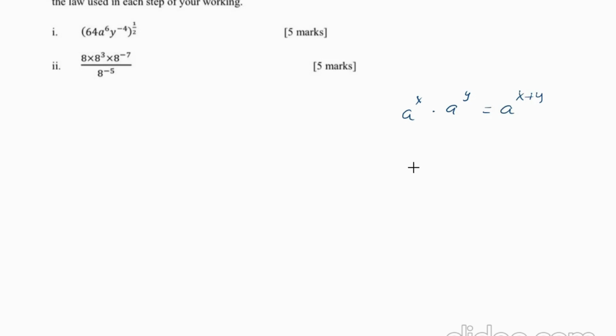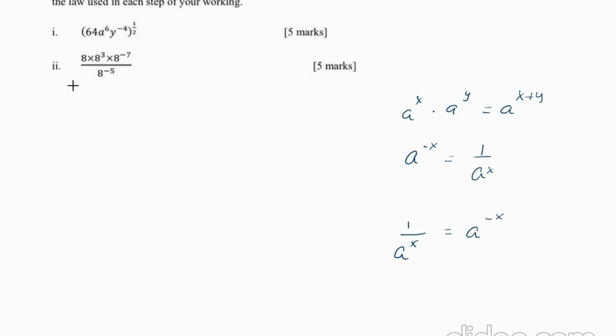I'll also utilize a to the negative x is equal to 1 over a to the x. It's the same thing the other way around, which means 1 over a to the x is equal to a to the negative x. So we'll utilize these two things, right?